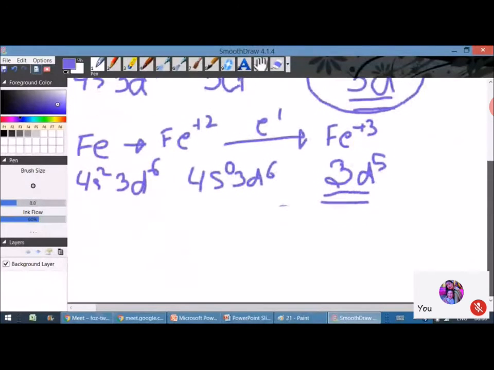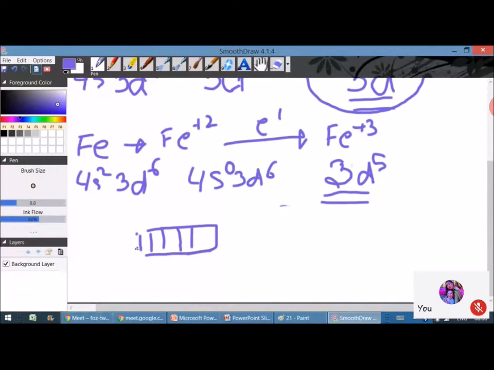When we finish this chapter, I'll go to coordination chemistry. In coordination chemistry, this is how we draw the d orbitals, because it represents that all the d orbitals have the same energy.